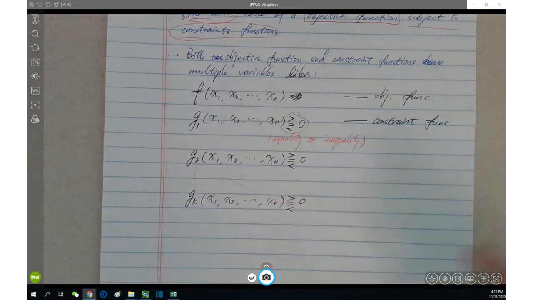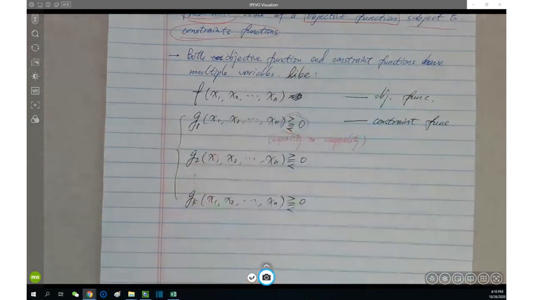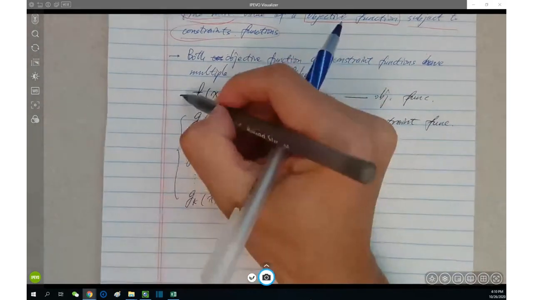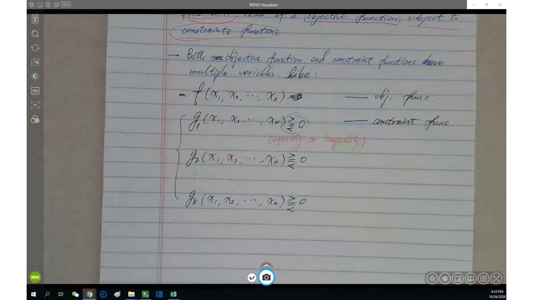So we have all of these constraint functions and only one objective function. That makes sense. If you're trying to optimize different objectives, you need different objective functions.